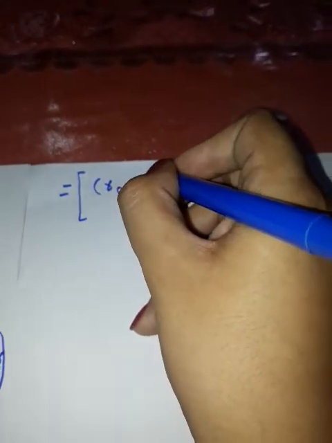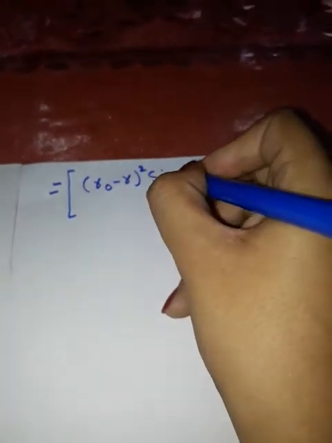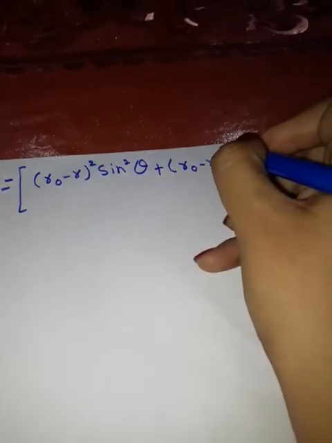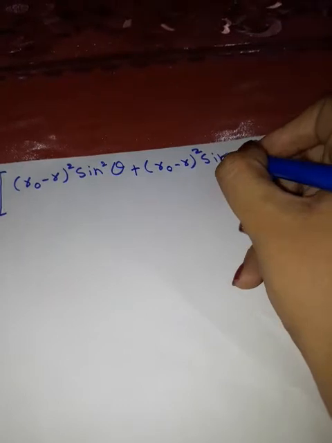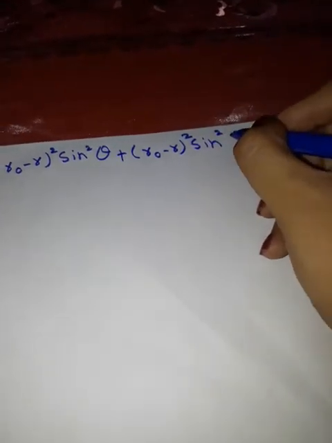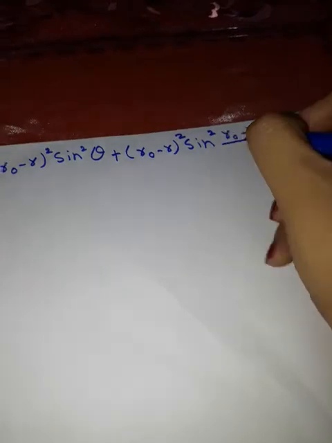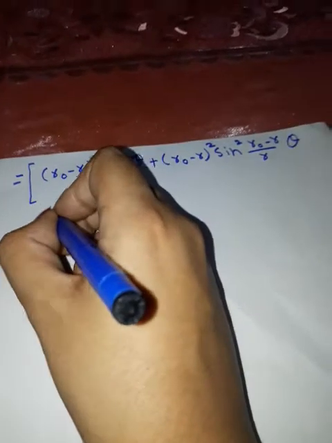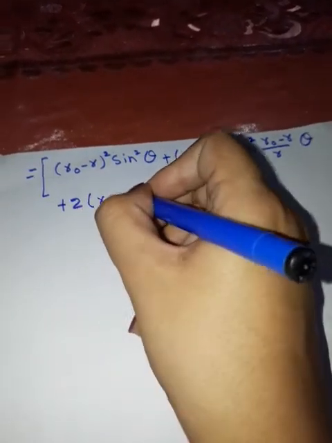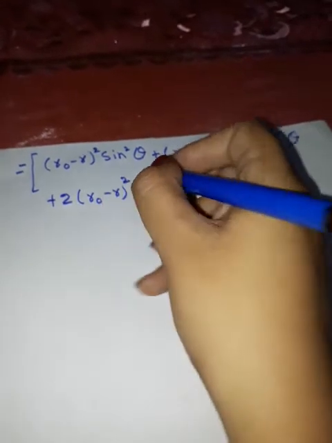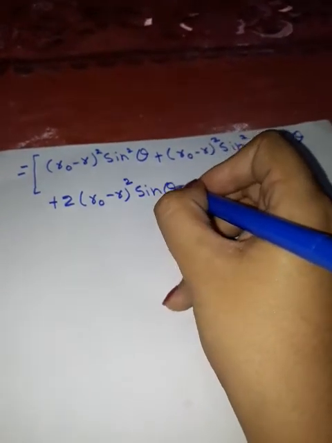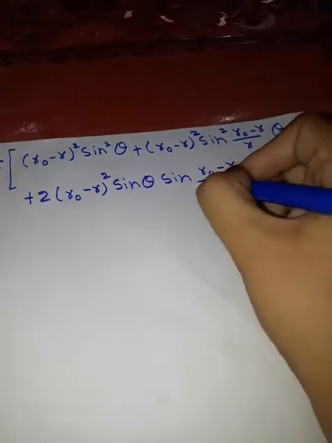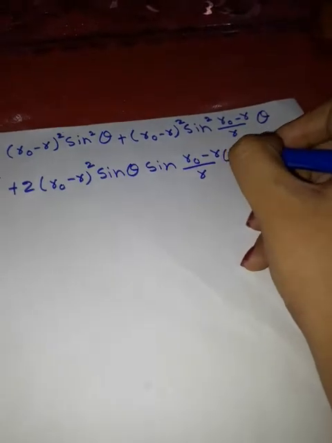So I have (r naught minus r) whole square sin square theta plus (r naught minus r) square sin square((r naught minus r)/r times theta) plus 2 (r naught minus r) whole square into sin theta into sin((r naught minus r)/r times theta).